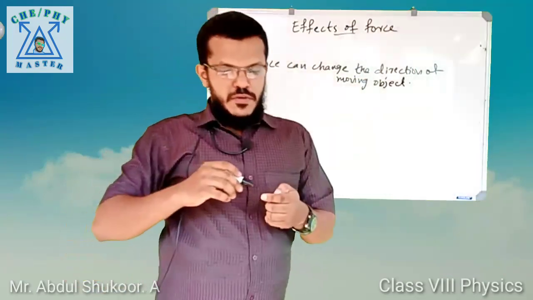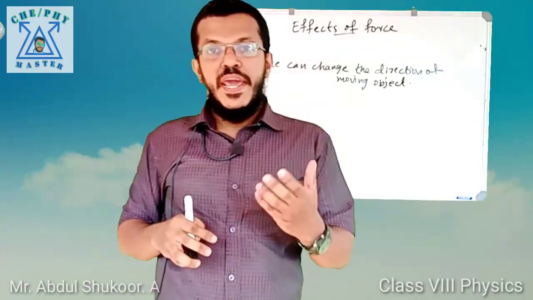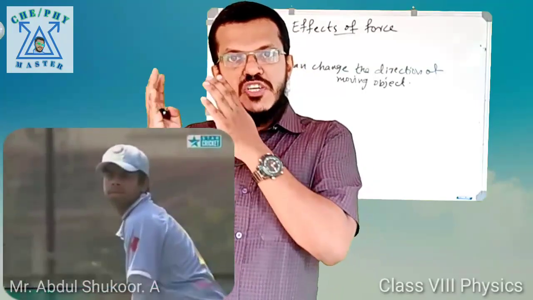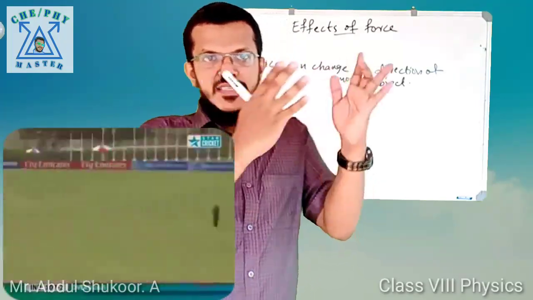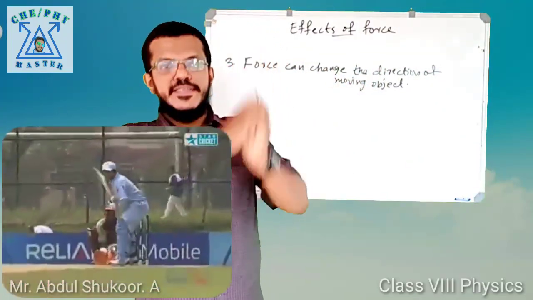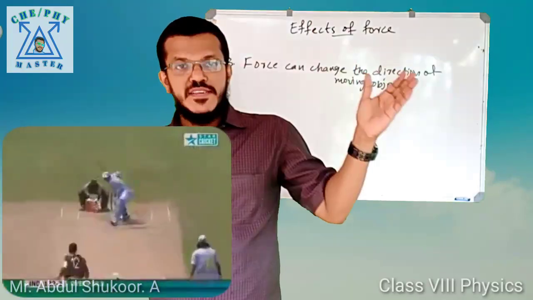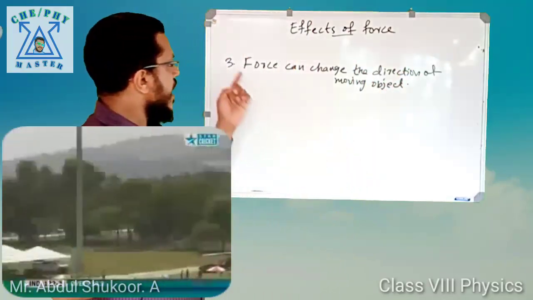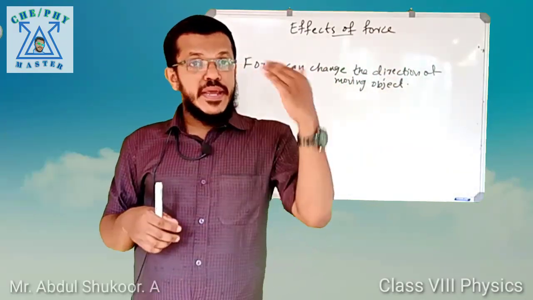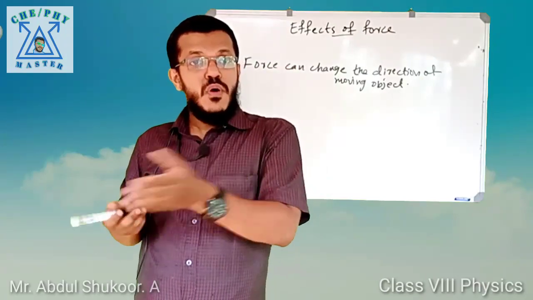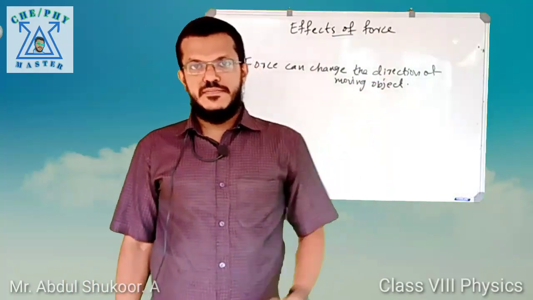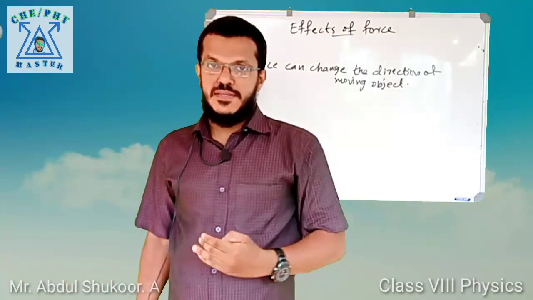For example, when a batsman hits the ball using his bat, the moving ball changes its direction. If a cricket player hits a ball using his bat, then the direction of the ball changes. That's why we said that force can change the direction of a moving object. Here the cricketer applies a force on the ball using the bat, which means the direction of the moving ball changes.